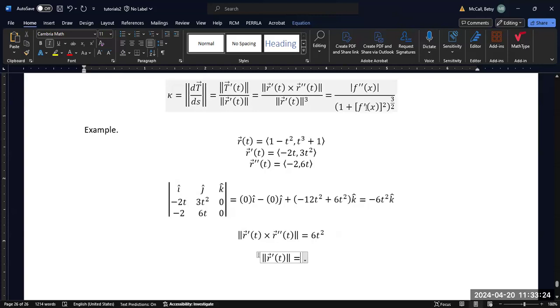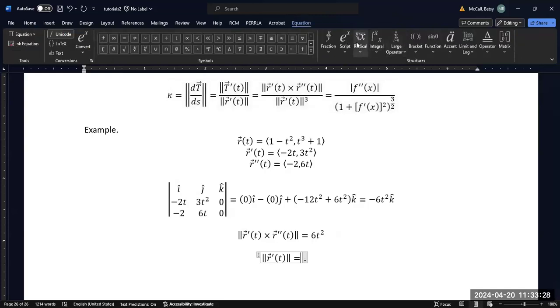And so that's going to be the square root of negative 2t squared plus 3t quantity squared quantity squared.